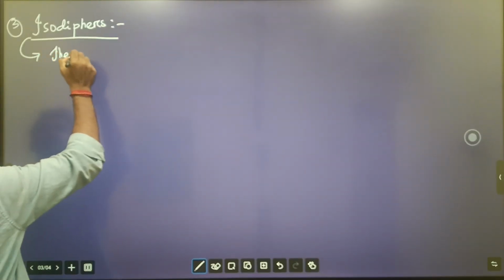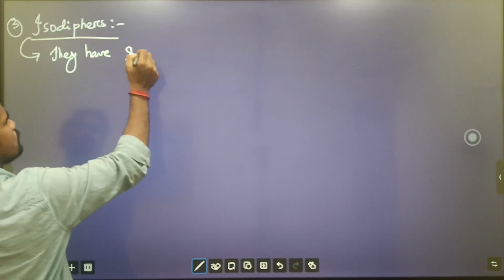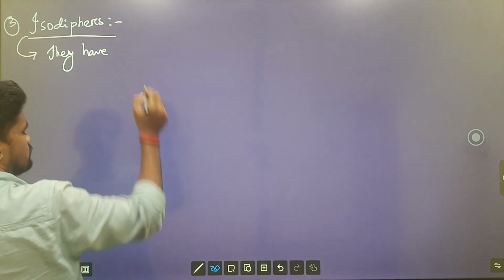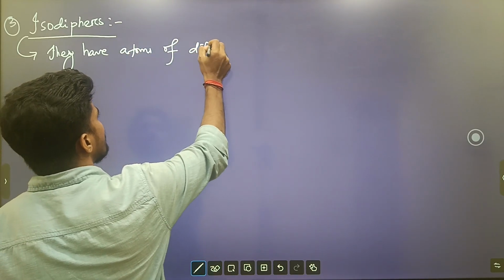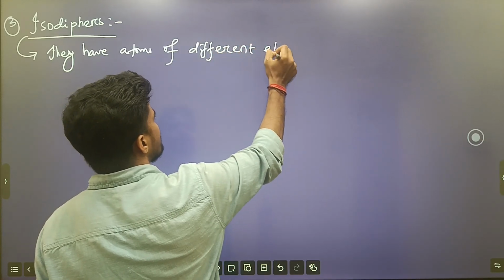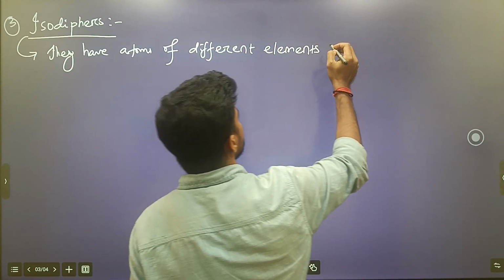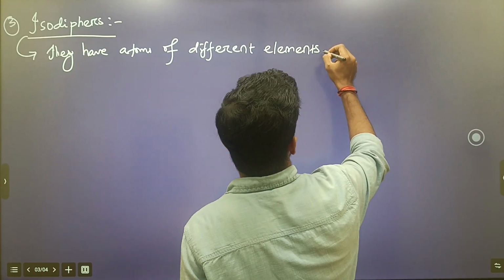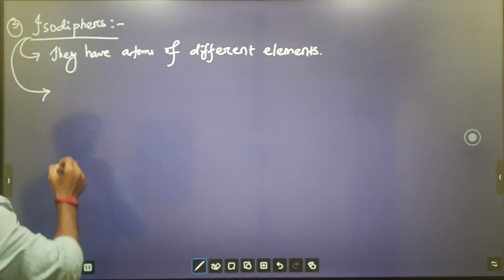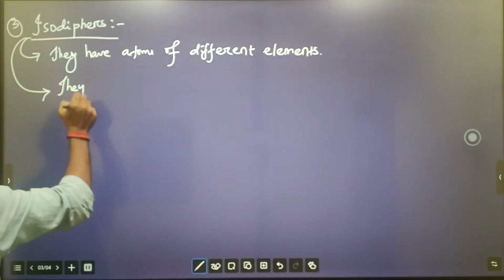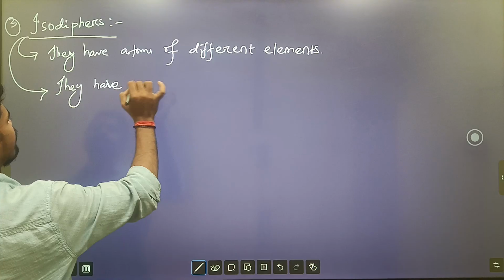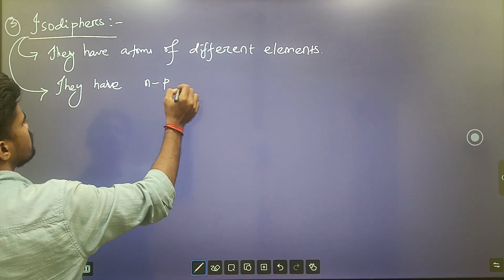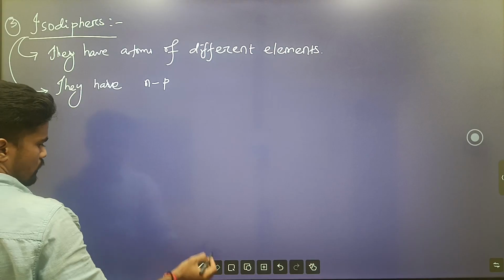They have atoms of different elements, and they have the same value of n minus p.